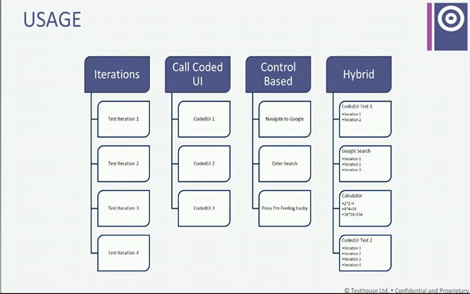Some usages for data driving, apart from simply iterations: you can use it to drive how the system actually behaves. So for the example of the calculator, you could say in the data, I want to do an addition test or a subtraction test, and you can drive it that way. So it's not just the numbers, it's actually which buttons are pressed that you can control with data driving.